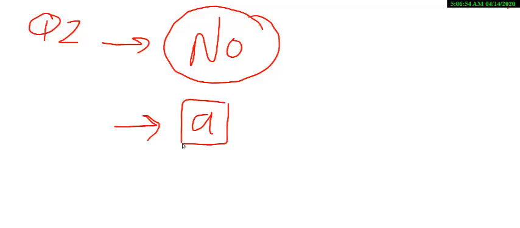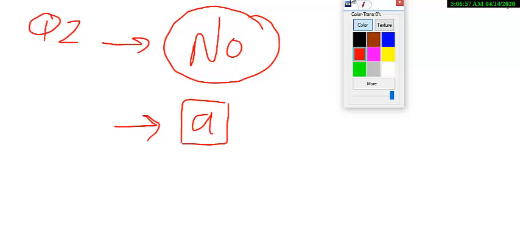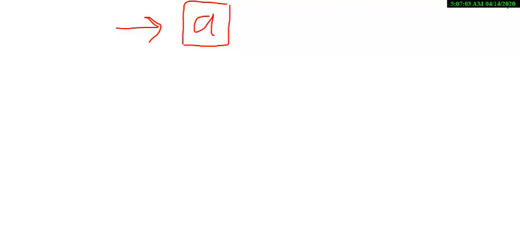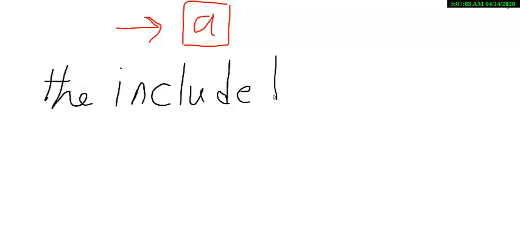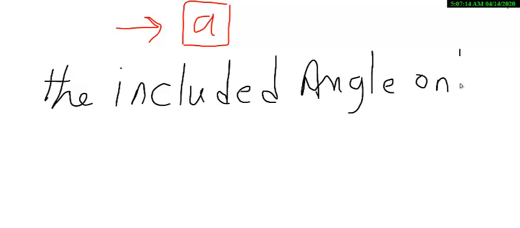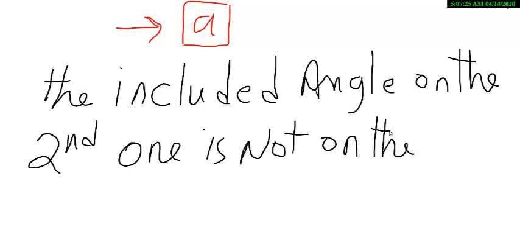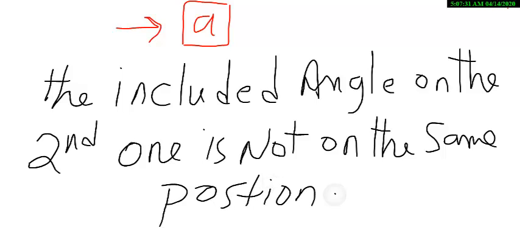So I can write down the reason here: the included angle on the second triangle is not in the same position, which tells us that the two triangles are not congruent.